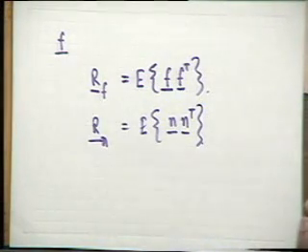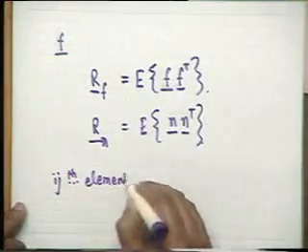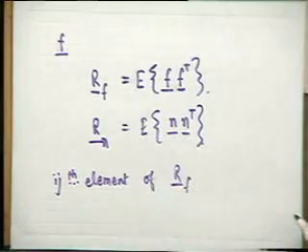Now, how do you get the ijth element of any matrix, say Rf? The ijth element is a scalar quantity.